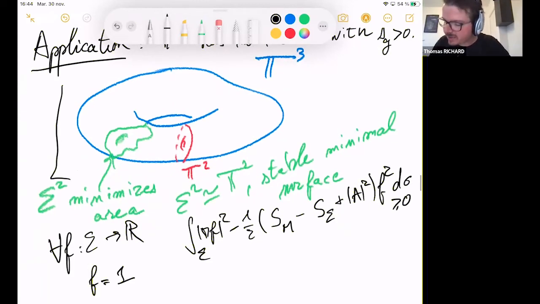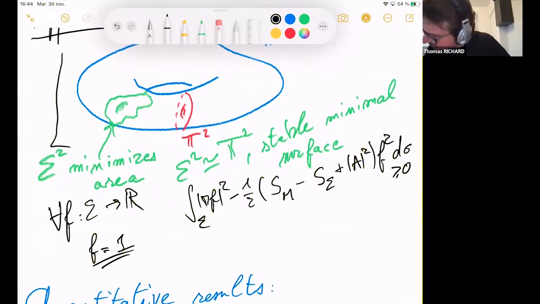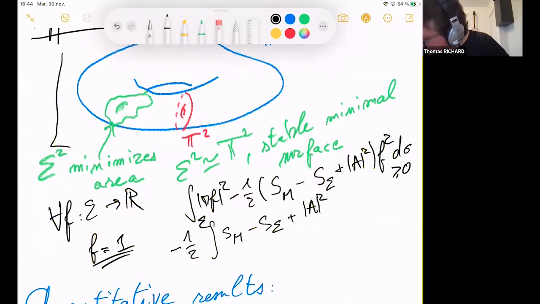Now I can plug f equal to 1 there. So the gradient of f goes away, so I get minus 1/2 integral of (S_M minus S_sigma plus A squared) d sigma is bigger than 0. I can remove this pesky 1/2 here.